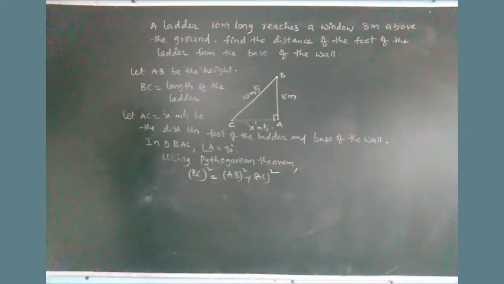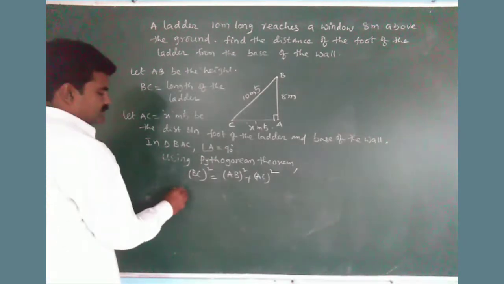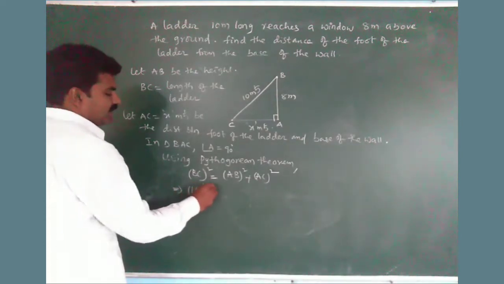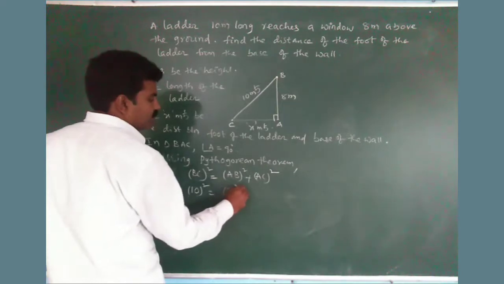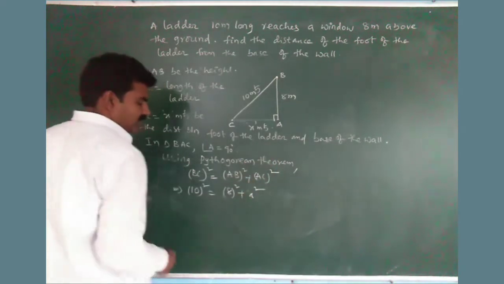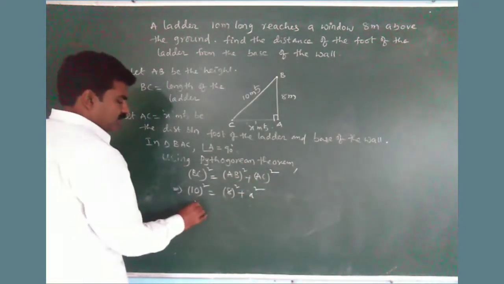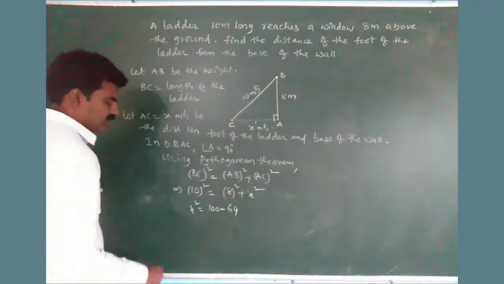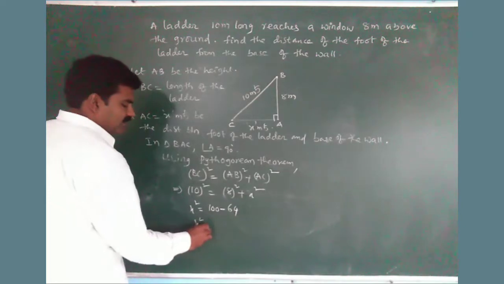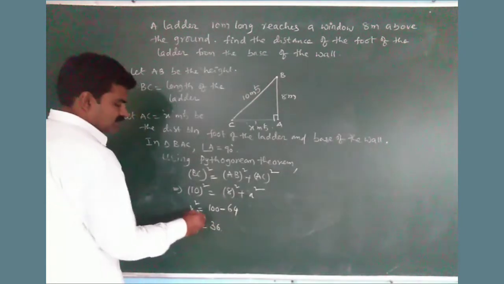So BC square is equal to AB square plus AC square. Let us substitute the values: 10 square is equal to 8 square plus x square. So x square is equal to 100 minus 64. So x square is equal to 36.